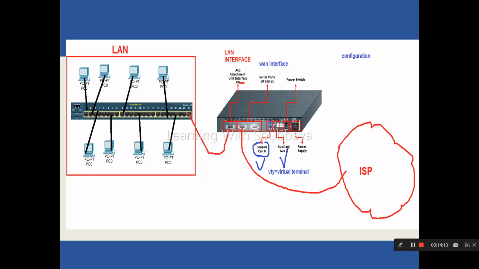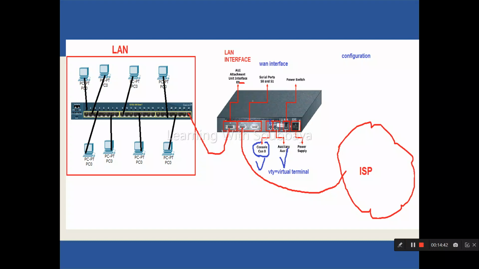But if you want to connect to AUI, we require some adapter. The adapter named RJ45 to DB15 adapter we have to use for connecting this RJ45 cable to AUI. RJ45 to DB15 adapter is required for us.